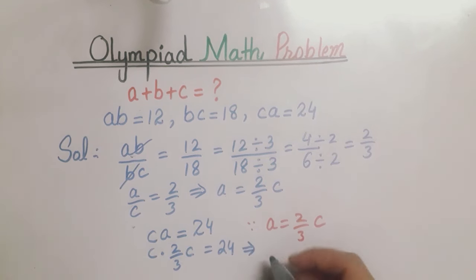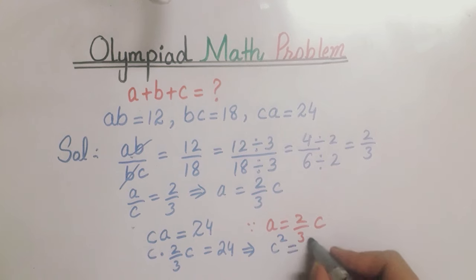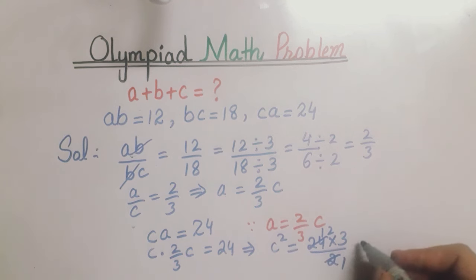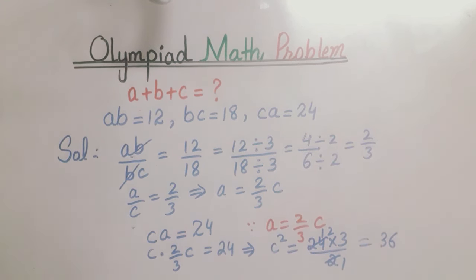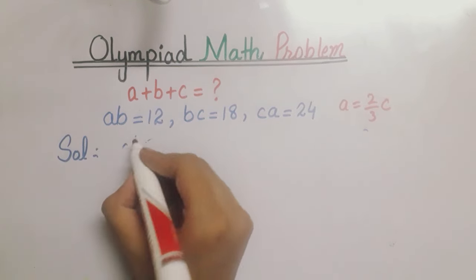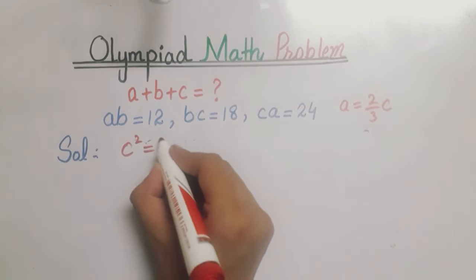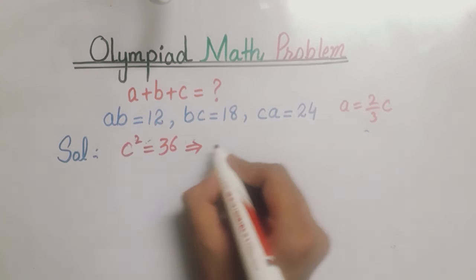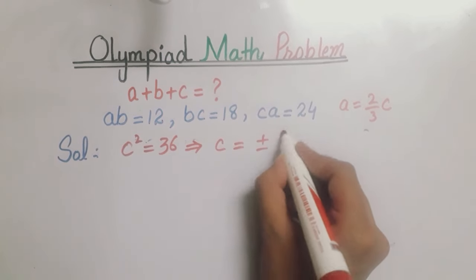This implies C square equals 24 multiplied by 3 divided by 2. 2 ones are 2, so this is 36. Now C square equals 36, which implies that C equals plus minus 6.